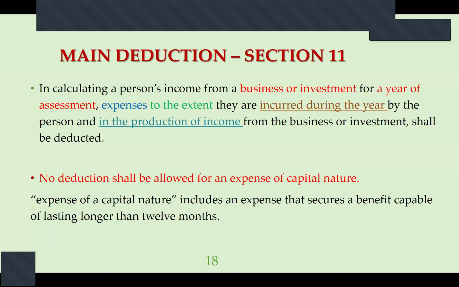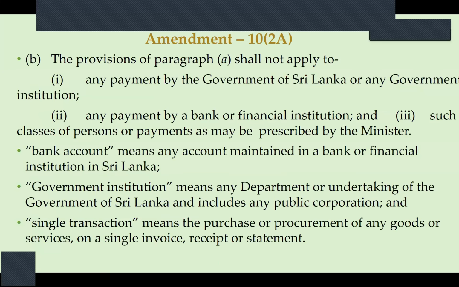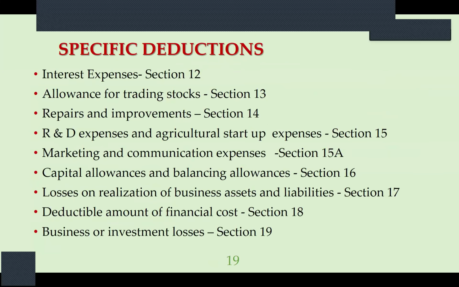That kind of expenses cannot be deducted under section 11, but all other expenses, if incurred in the production of income of business or investment, are deductible. So I think now you can understand the difference between section 10 and section 11. Is it okay? Okay. So now you know the difference between section 10 and 11.